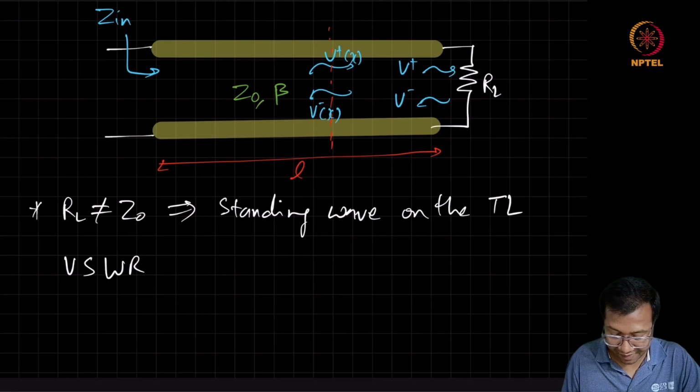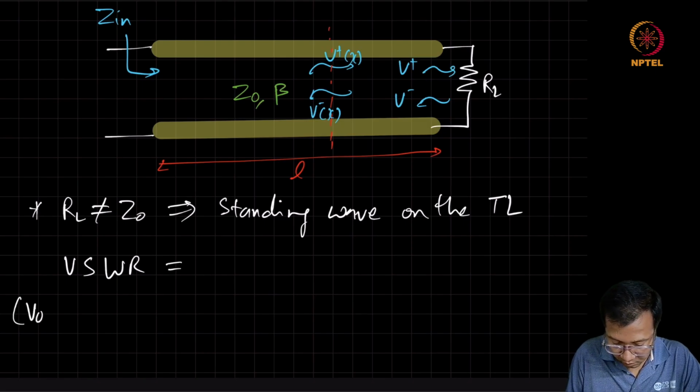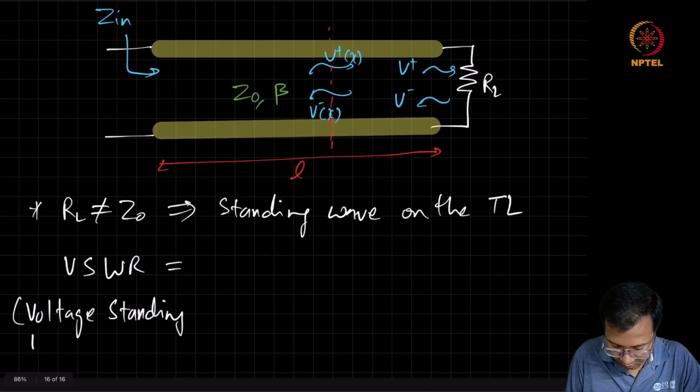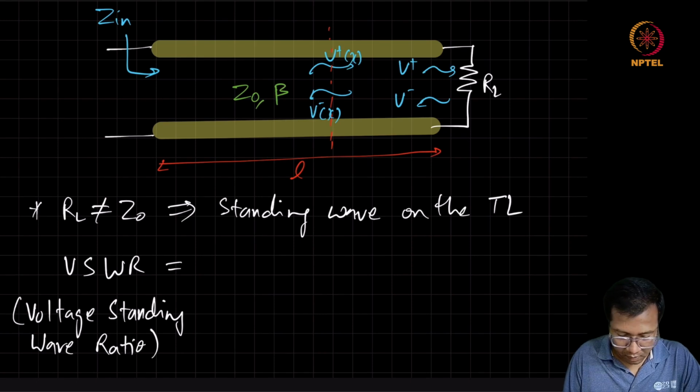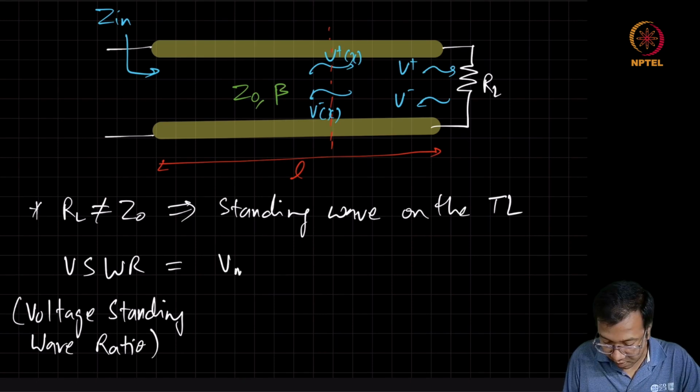This is also called the voltage standing wave ratio. We call it Vmax divided by Vmin.